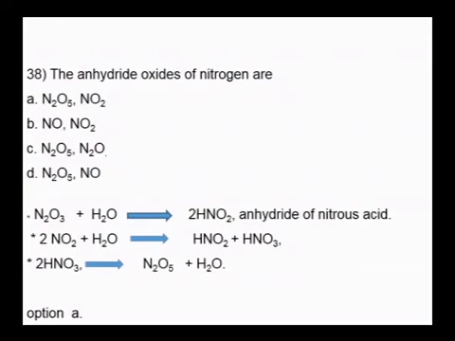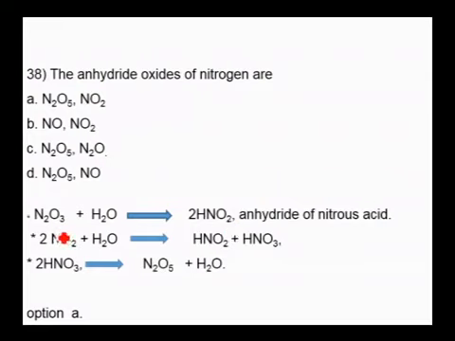The anhydride oxide of nitrogen. The options are A, N2O5, NO2; B, NO, NO2; C, N2O5, N2O; D, N2O5 and NO. Here some equations are given. N2O3 plus H2O gives 2HNO2.